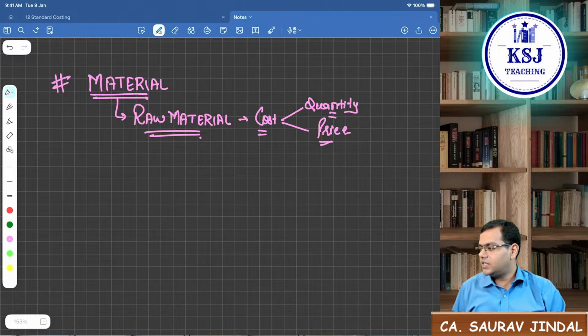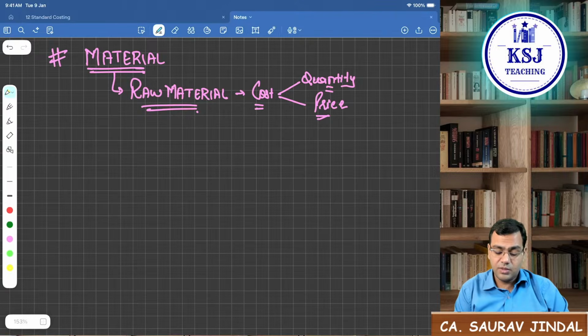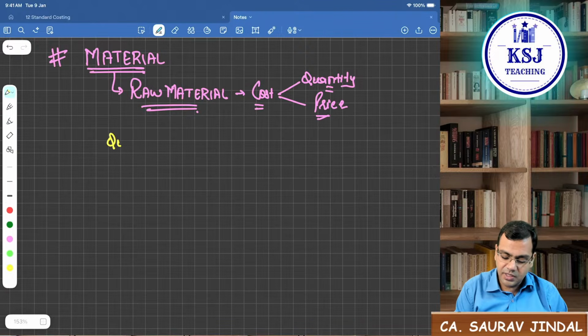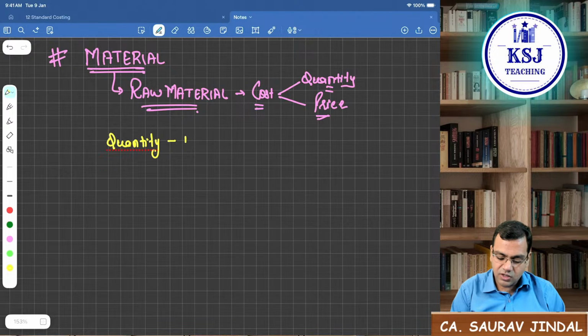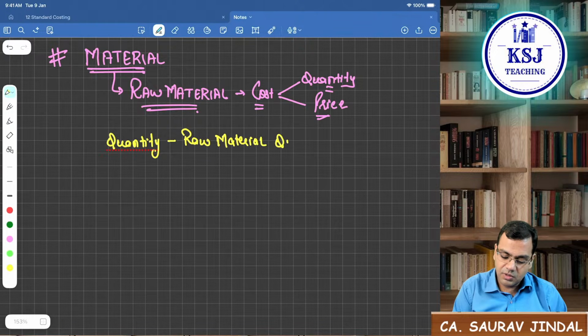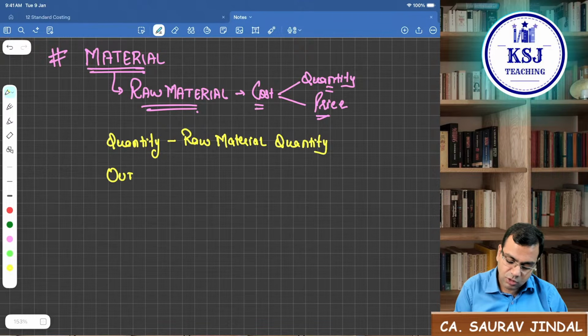Clear? First and foremost thing. Two words we'll be using here. One word is quantity. When we use the word quantity, we are talking about raw material quantity. The second word we'll use is output.